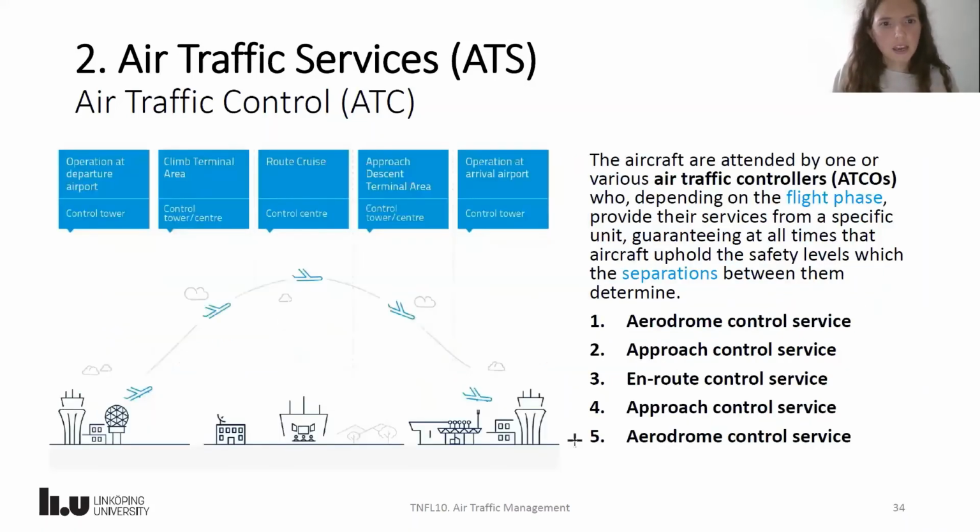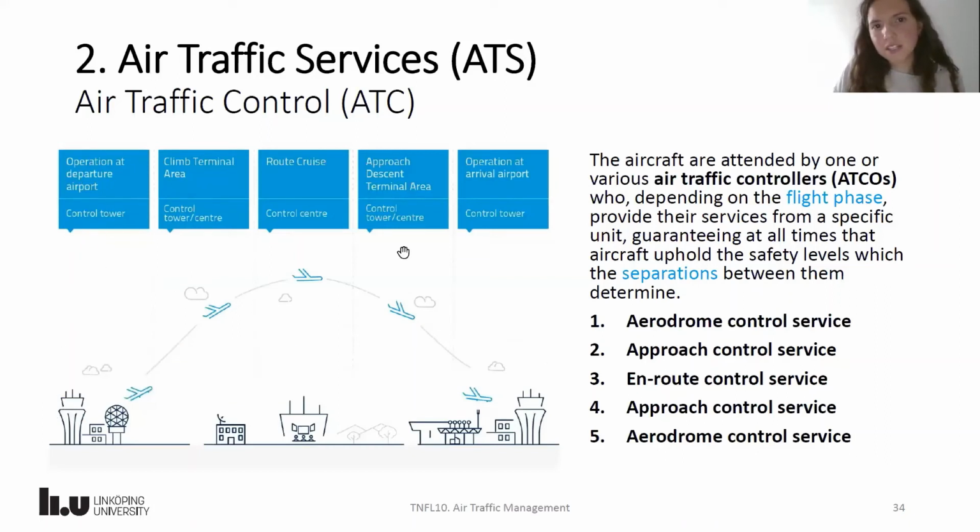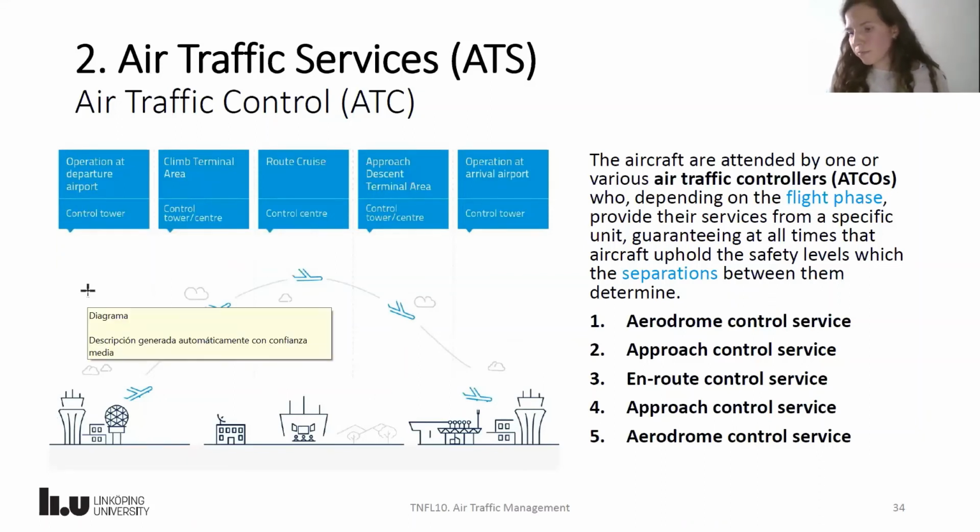This is a little drawing that I found that is very illustrative of the different phases of ATC. For a whole flight, first we are at the aerodrome, so we will have control of the tower.